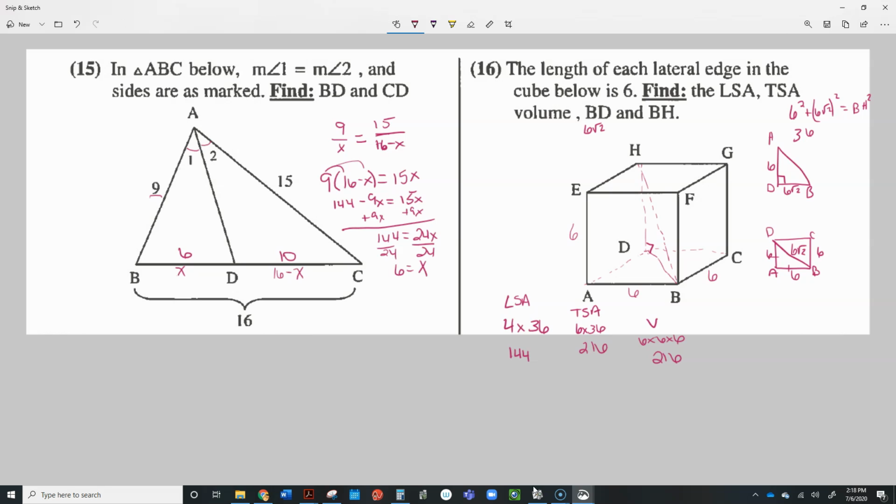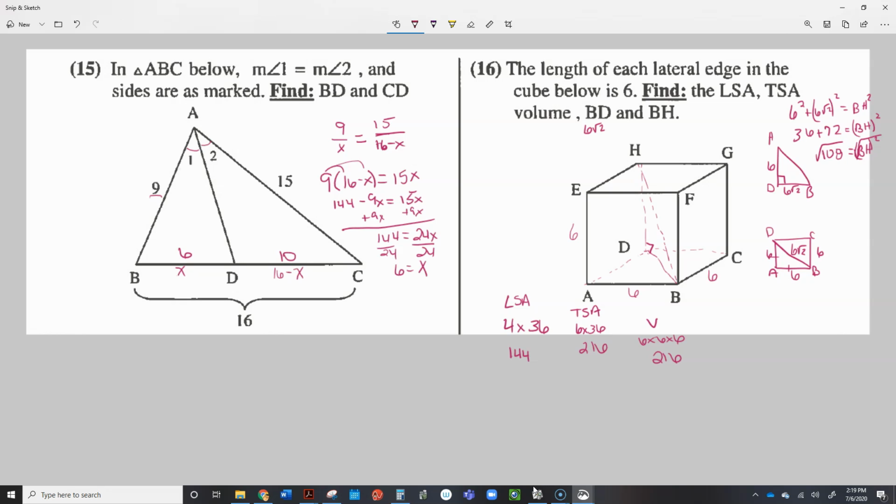So 36 plus 36 times 2, I believe, is 72, equals BH squared. And 36 plus 72 is 108. I know 108 is not a perfect square.